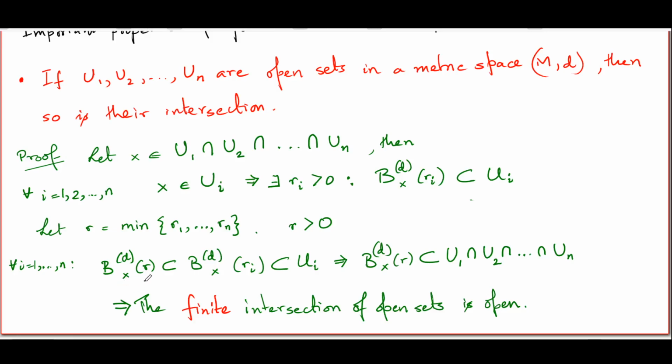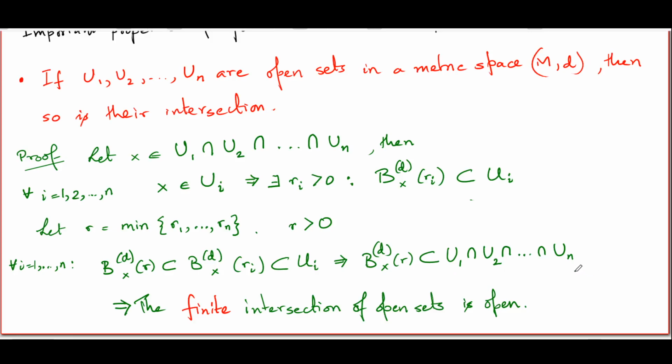But since this radius r is less than or equal to each one of the ri's, it follows that for every i, this open ball of radius r centered around x is contained entirely within the open ball of radius ri centered around x, which in turn is contained entirely within ui. In other words, this particular ball is within each and every one of the ui's. So it must be a subset of the intersection of all the ui's.